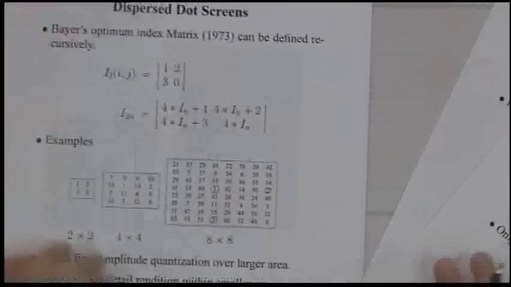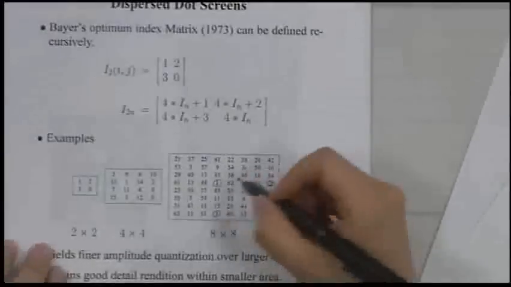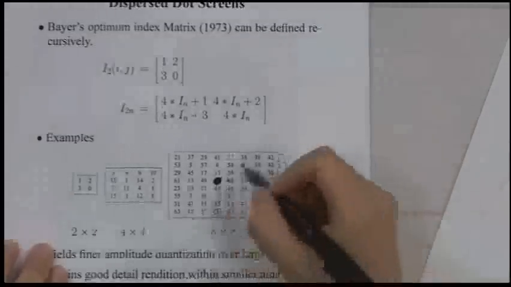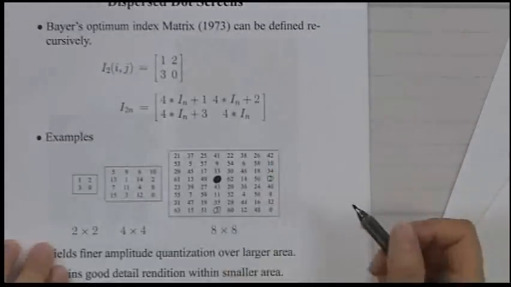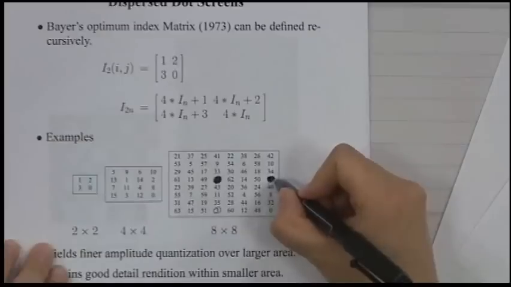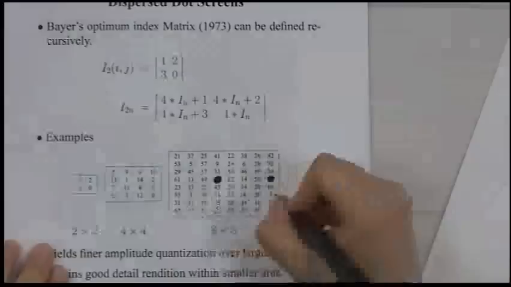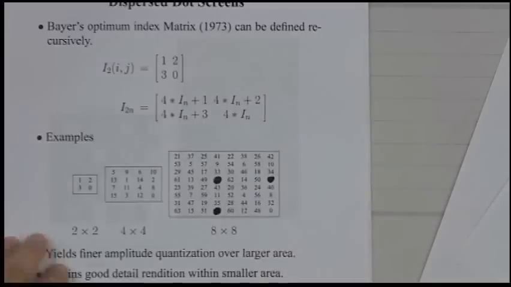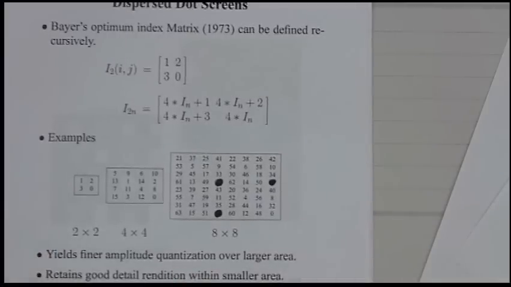So when the dot grows, we start from this initial dot, and then at the next gray level we put a dot here, and at the next gray level we put a small dot here. So it's sparse, but in terms of density, it grows.